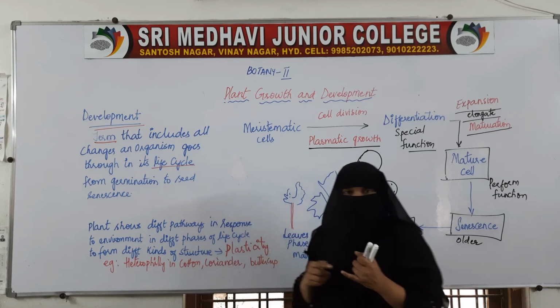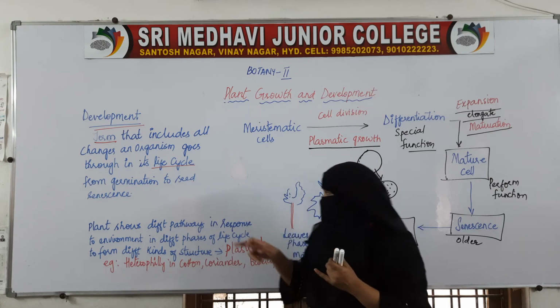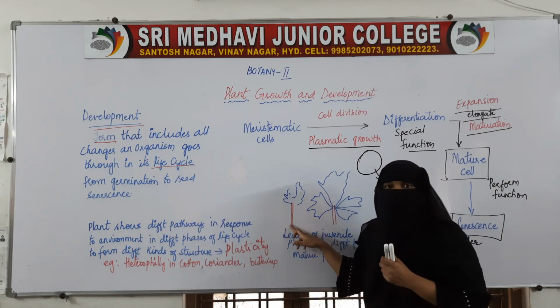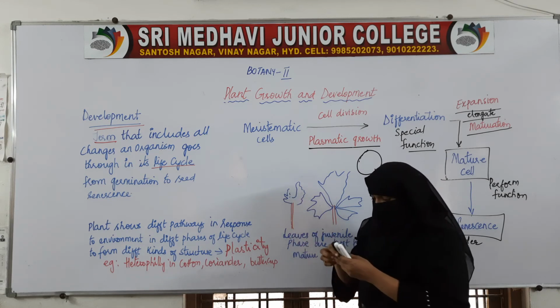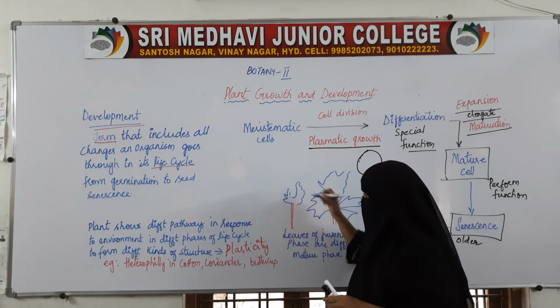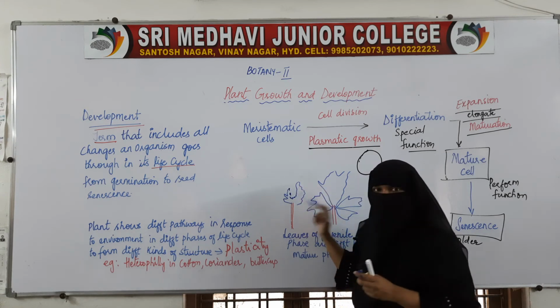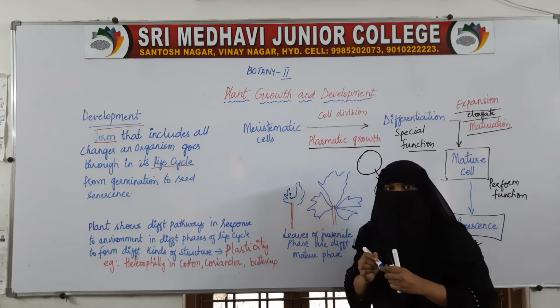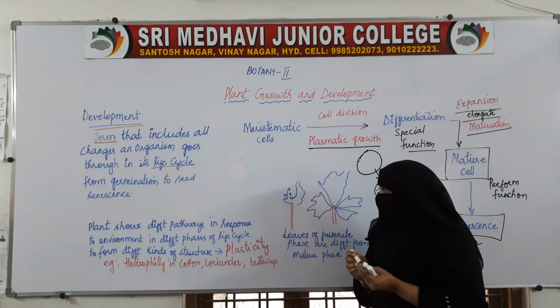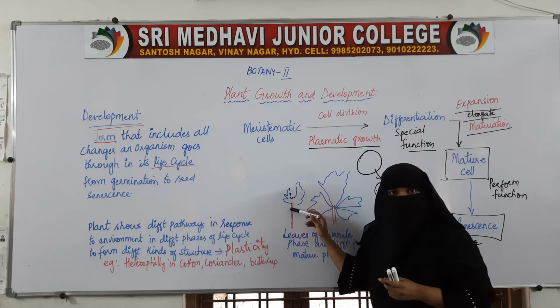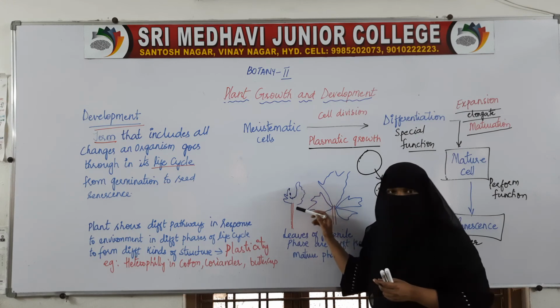Coriander, we have seen this, kothmir. When it is in the juvenile phase, the structure of the leaf will be somewhat like this, smaller. Juvenile phase means vegetative phase, developing.